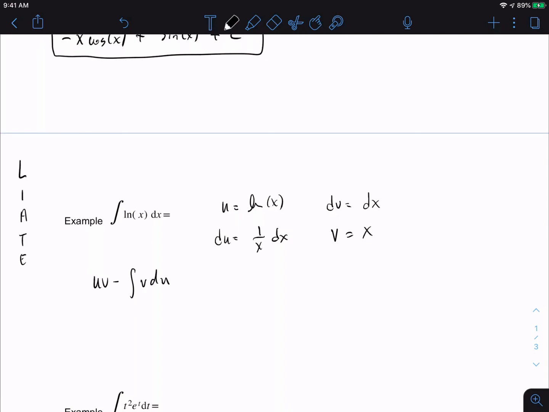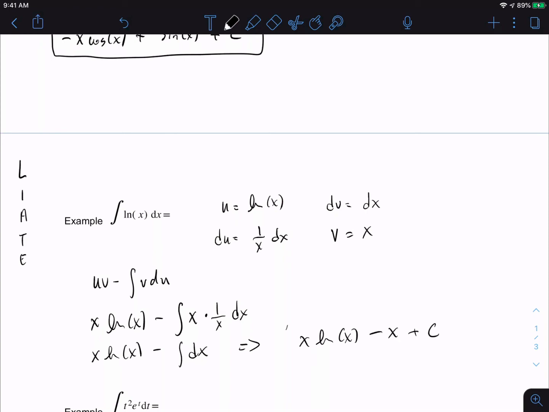So my u is ln of x. My v is x, so I'll just put it in front of the natural log, minus the integral of x and du, which is 1 over x dx. So that's going to give me x ln of x minus the integral of dx. And that's going to give me x ln of x minus x plus some constant c.